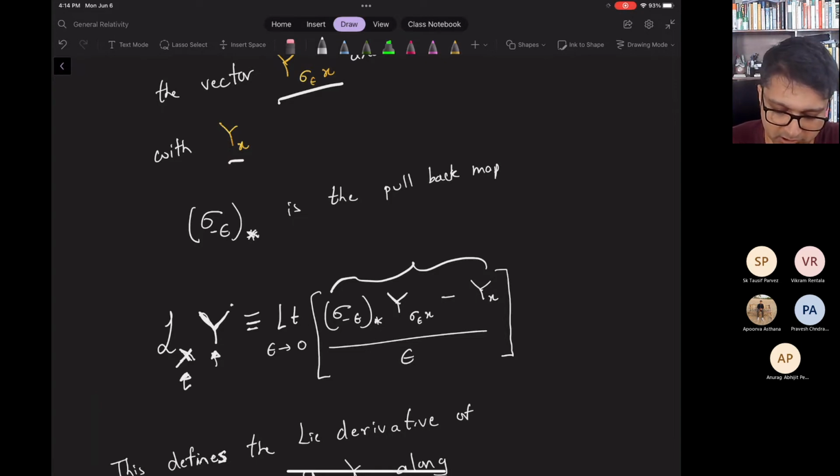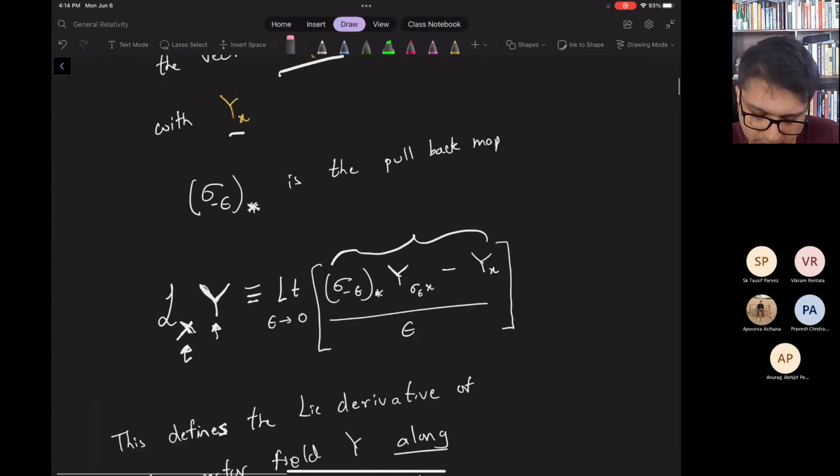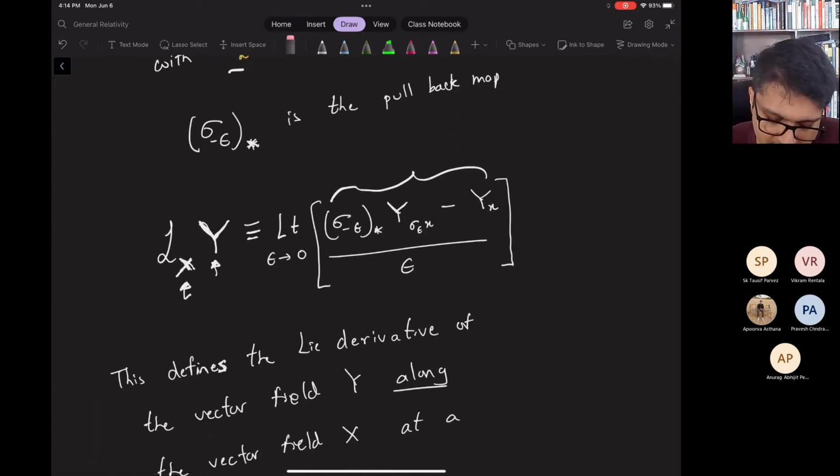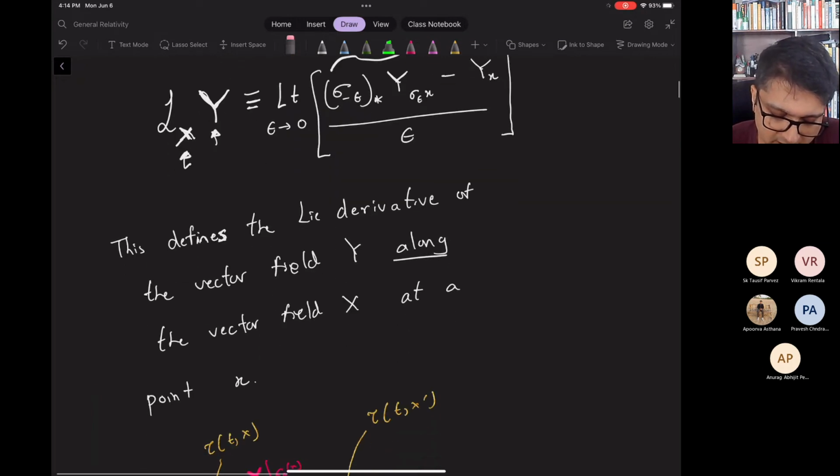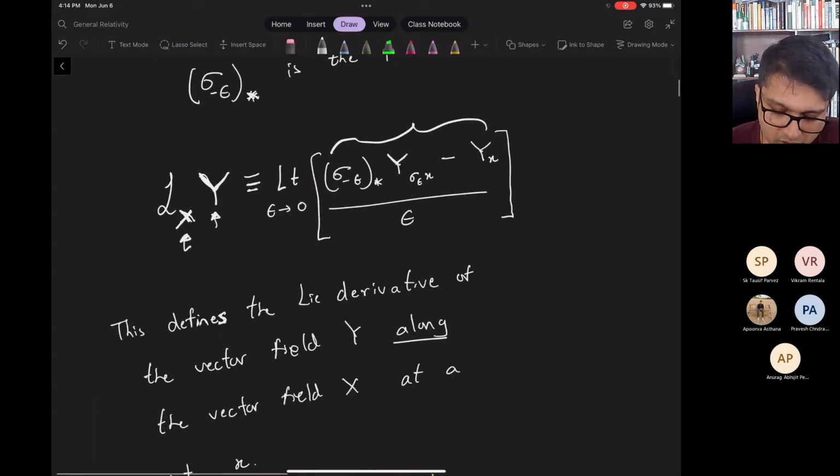Here this is evaluated at a point x, but we leave this point implicit. This derivative can be taken at all points on the manifold. So this defines the Lie derivative of the vector field Y along the vector field X at some particular point small x. We'll see explicitly how to evaluate this in terms of coordinates. But before I continue, any questions here?